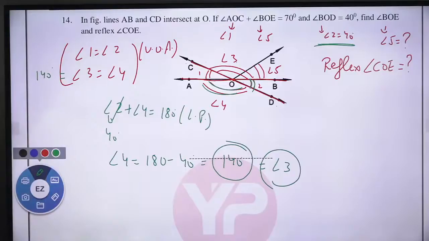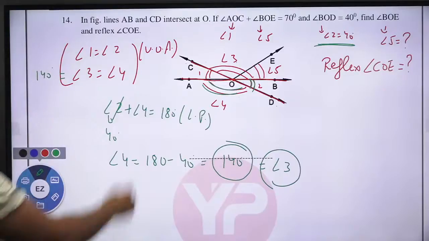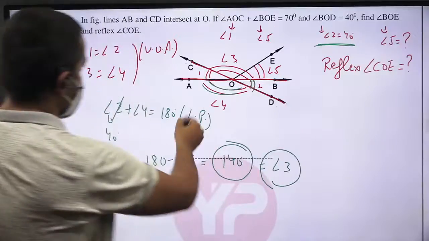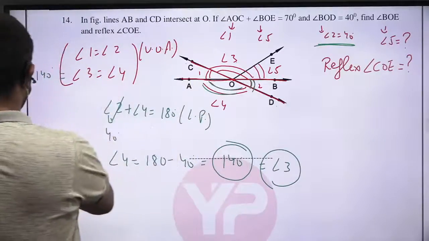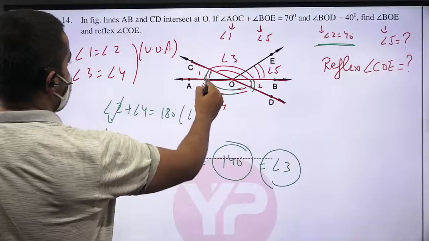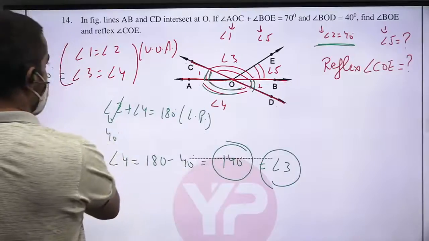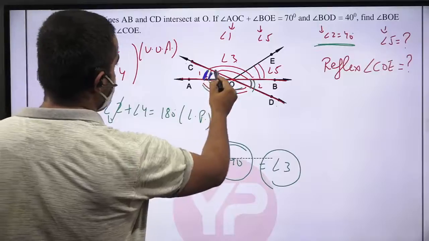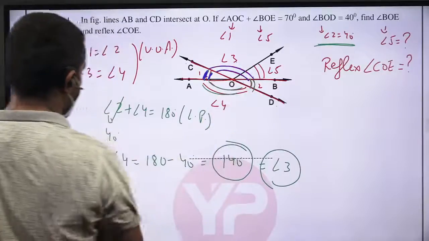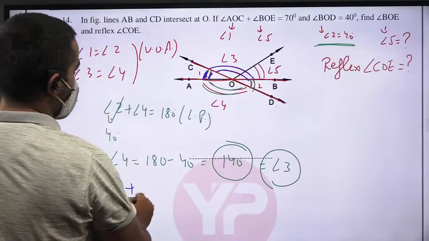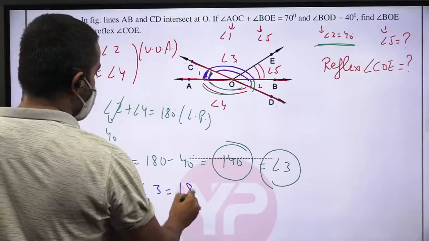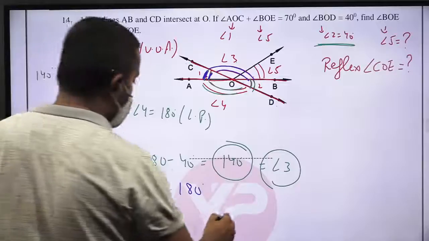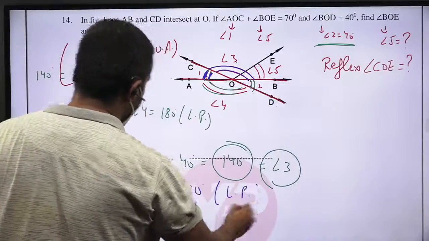Now angle 1 is equal to angle 2. Find out all the angles now. Now see, this angle 1 plus this angle 3 will also form a linear pair, 180. Yes or no, students? Of course, it will form a linear pair.